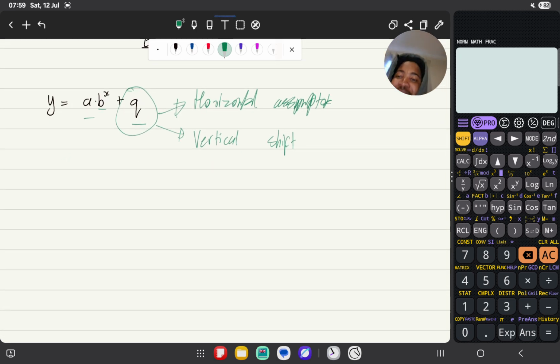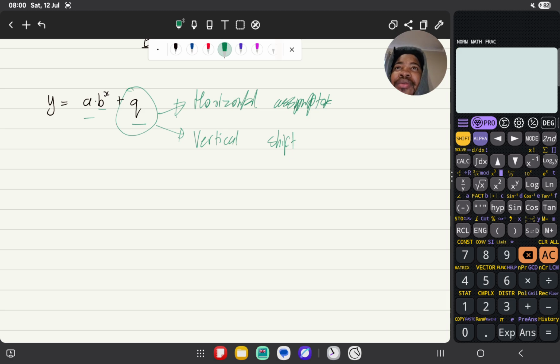So now I can't talk about A only without talking about B. But before I go to them, I will say for Q, guys, just remember, if you see that your graph has been shifted a couple of units up or down, then you know the shift has happened. So the effect of Q has already happened. That's the main thing for Q. Now for A, I think I can attack it.